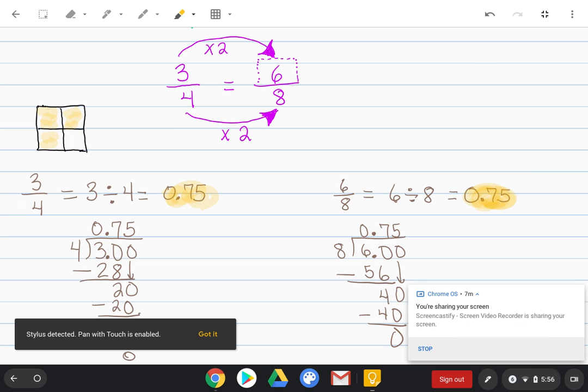Well, let's look at 6/8. So I am going to draw a box the same size as my box on the left. But this time, instead of dividing it into 4 equal sections, I need to divide it into 8 equal sections.